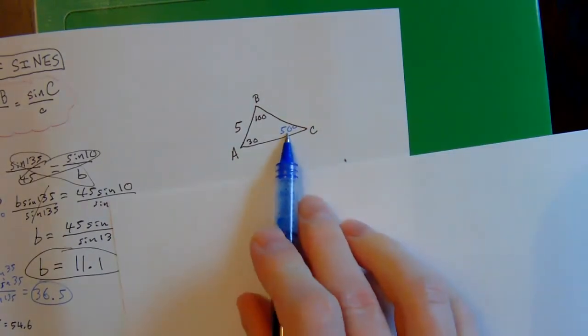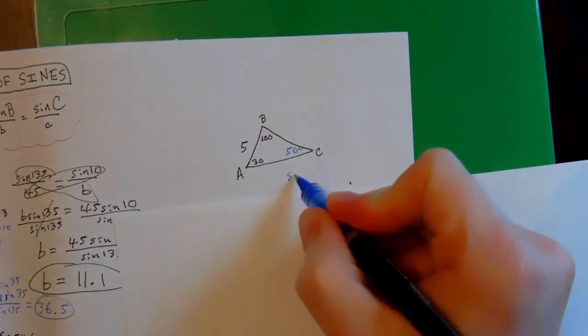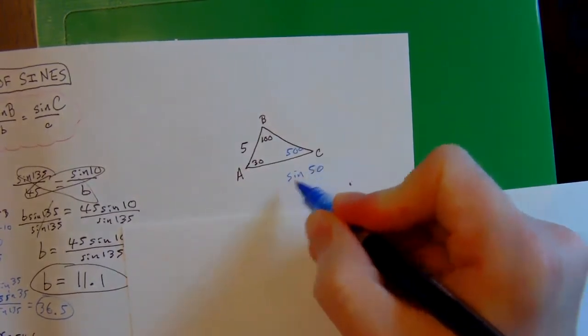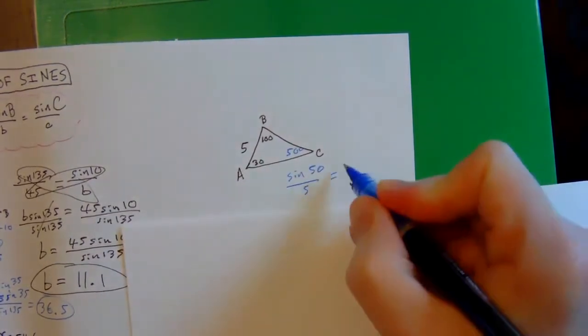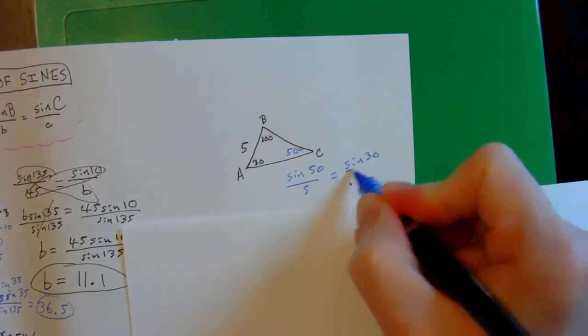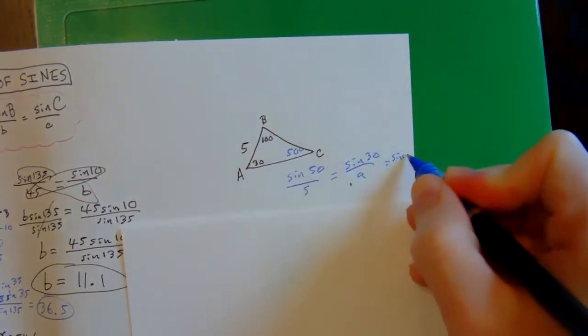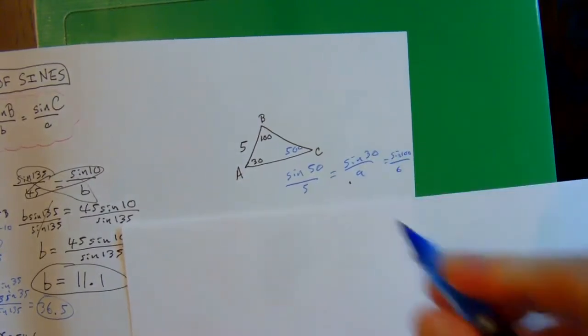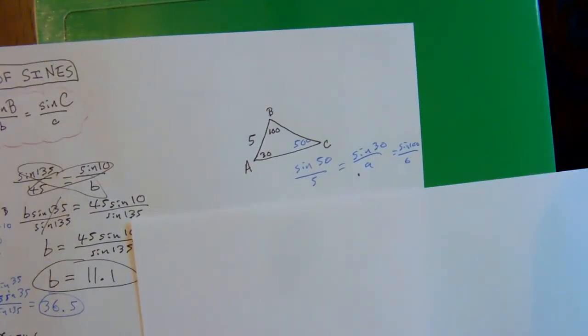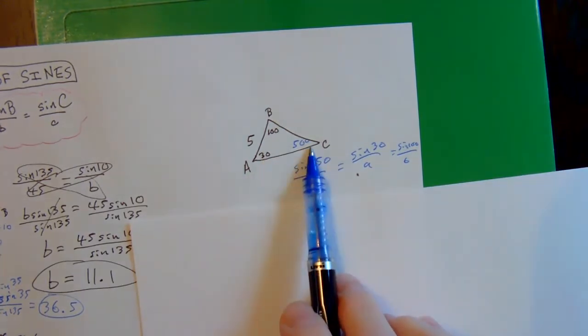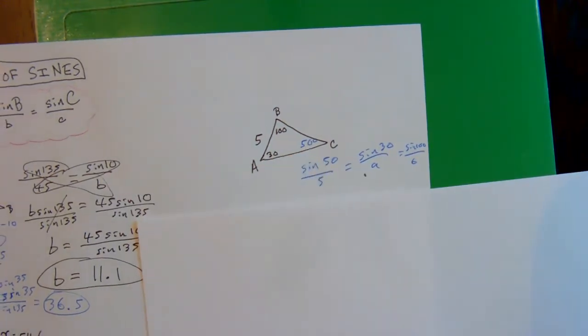And then boom, I have the angle with this opposite side. So I can set this up right away. I can go sine of 50 over 5 equals the sine of 30 over A, which is also going to equal the sine of 100 over B. And then you could just pick a proportion and cross multiply right there. But if you can easily obtain that angle by subtracting from 180, go ahead and do that and use the law of sines.